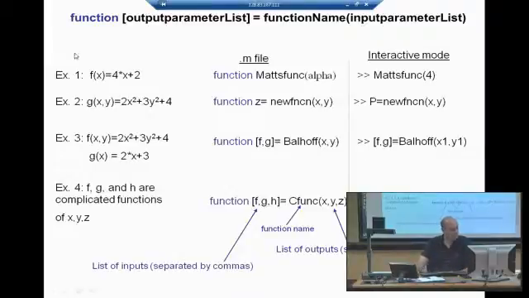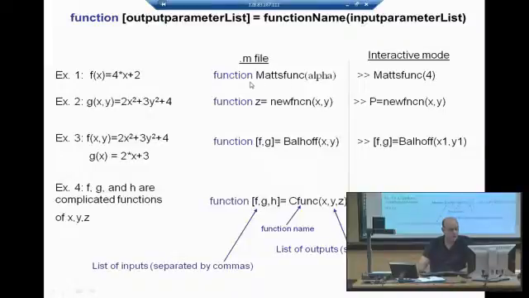So here's a case where I have a function 4x plus 2, and the first line of the function file would be function, then the name of the m file, so I called it matsfunc.m, so it's matsfunc, and then the input, which I called alpha. I could have made it x, I could have made it alpha, it doesn't matter, as long as I'm consistent.